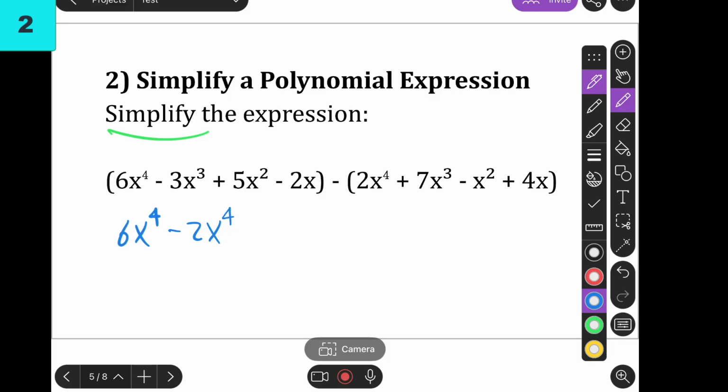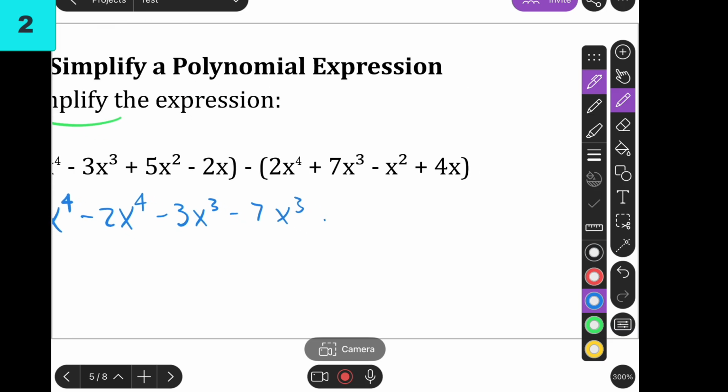And the next thing I want to do is I want to bring down my next term, -3x cubed, and I'm going to subtract it by 7x cubed. Same idea, distribute. Next thing I want to do is bring down my next term, which is 5x squared, and I'm actually going to add it by x squared because I have a negative times a negative.